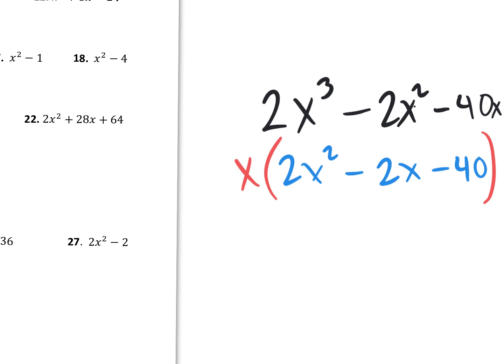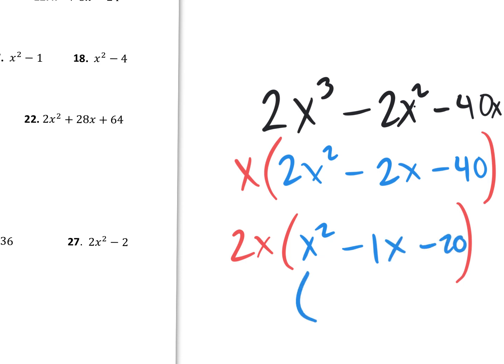I should have pulled out a 2x, and then I would have gotten x squared minus x minus 20, and then I could continue factoring the inside, getting a negative 5 and a positive 4, and a 2x out here in the front. I apologize if that's throwing us off. But it's a true statement that you need to always try to continue factoring the inside of the parenthesis.